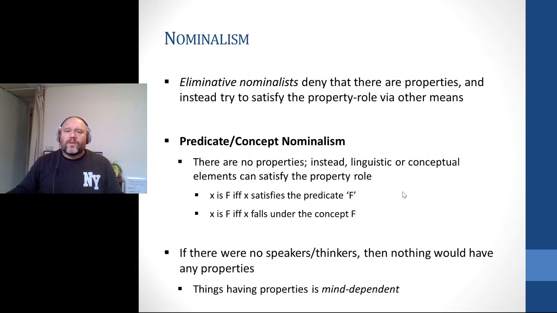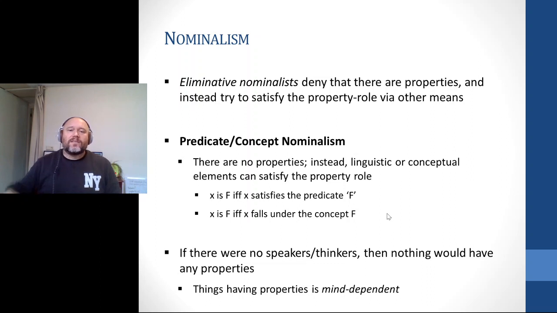But one thing to note, and why they're often treated together, is that both of these views make having properties contingent on either the existence of language or the existence of concepts. In other words, both views make having properties a mind-dependent thing. That is, it's something like the existence of minds that's a necessary condition for anything having any properties.